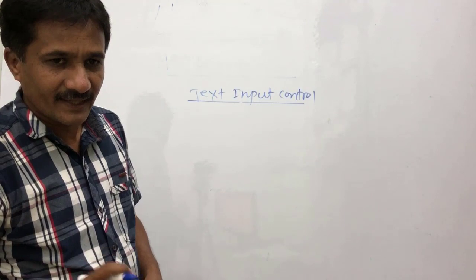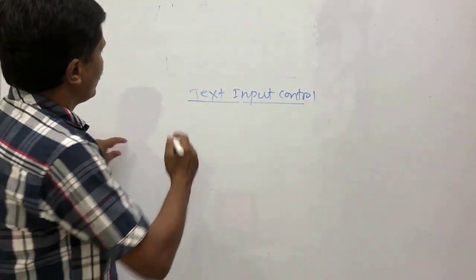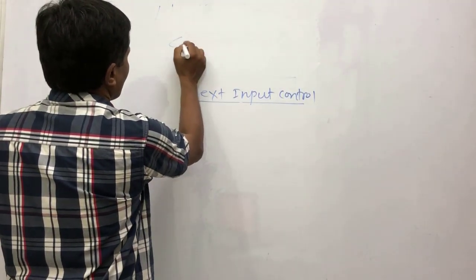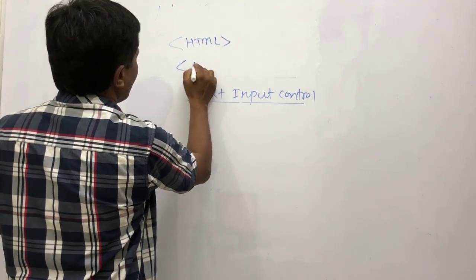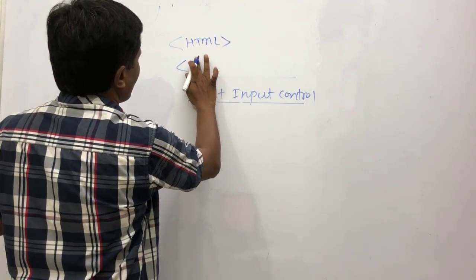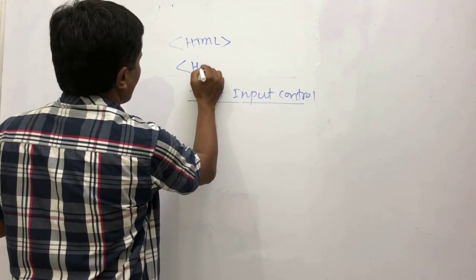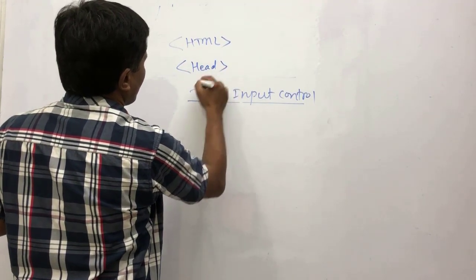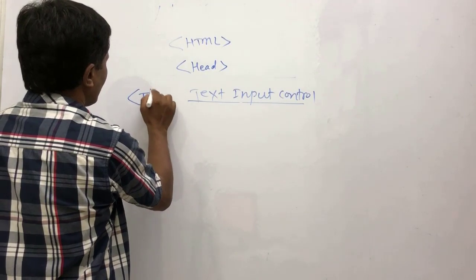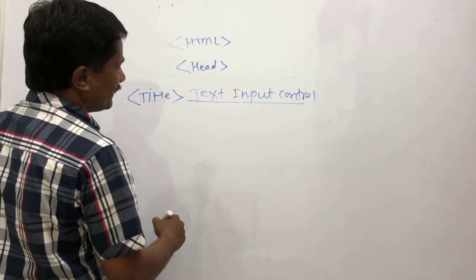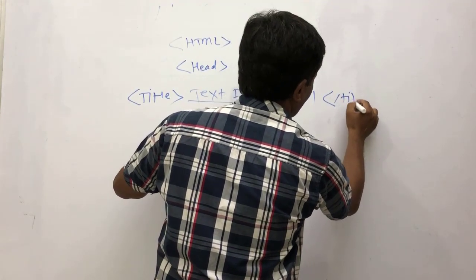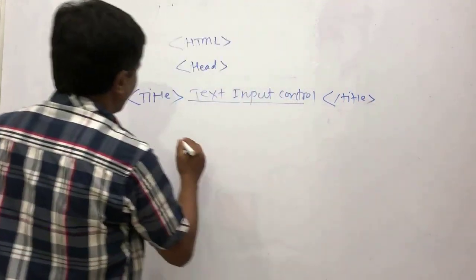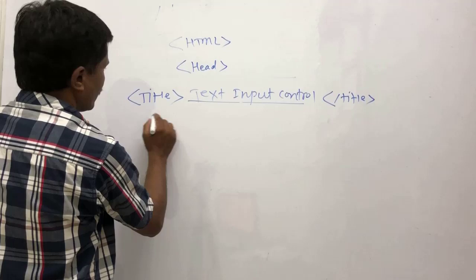So the basic example is here. HTML. First tag is HTML, head. Next is title. Title is text input control. Close title. Next is close head.